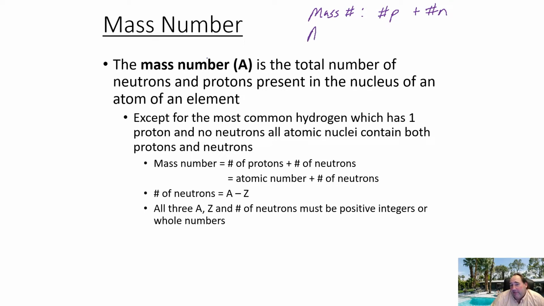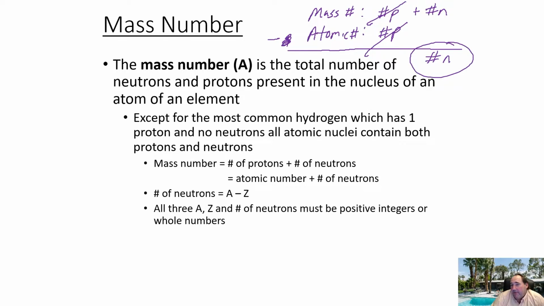We also have, as we just talked about on the previous slide, our atomic number, which is our number of protons. If we take both of these numbers together, not really add, subtract, the protons will cancel, and that will give us the number of neutrons. So if you take the mass number and subtract the atomic number, that is how you will be able to find the number of neutrons in an atom.